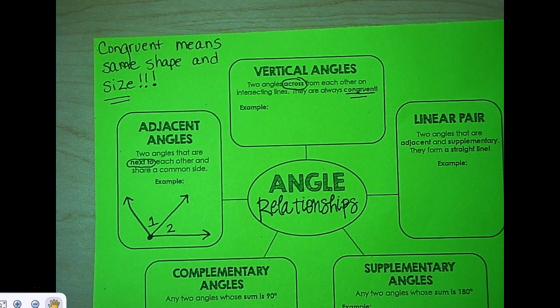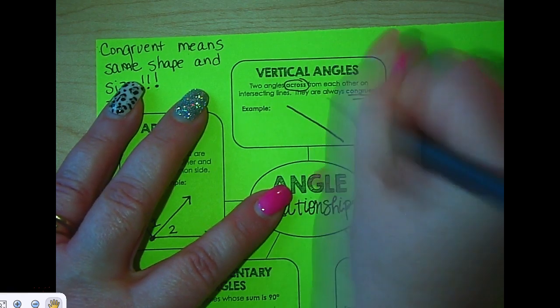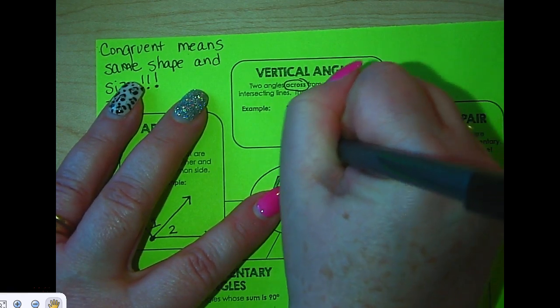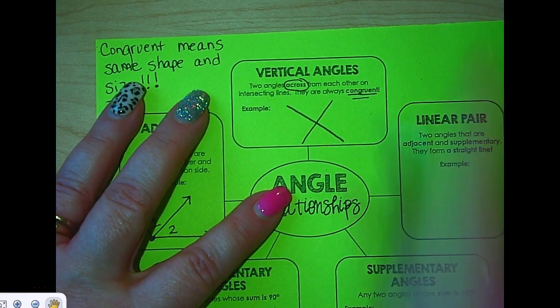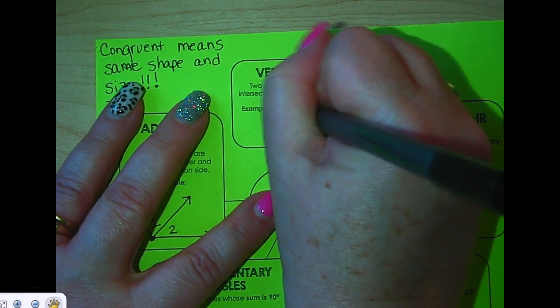So we're going to draw a pair of vertical angles, and they just need to be drawn with intersecting lines. So I'm just going to start mine by making something that looks like an X. Those are intersecting lines. You need to draw arrows on the end of all of them because that means the line keeps going.